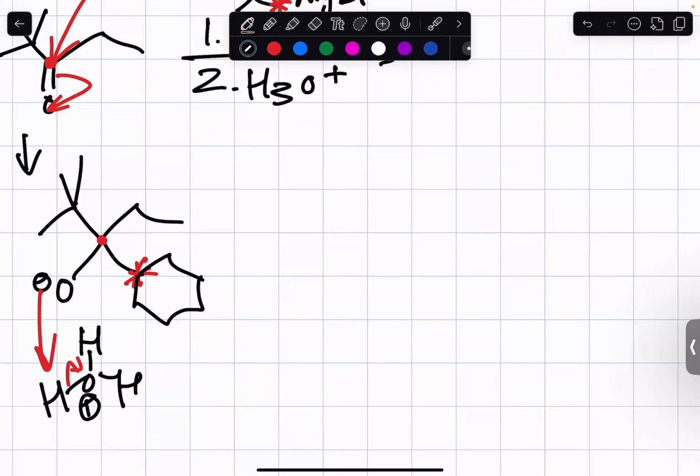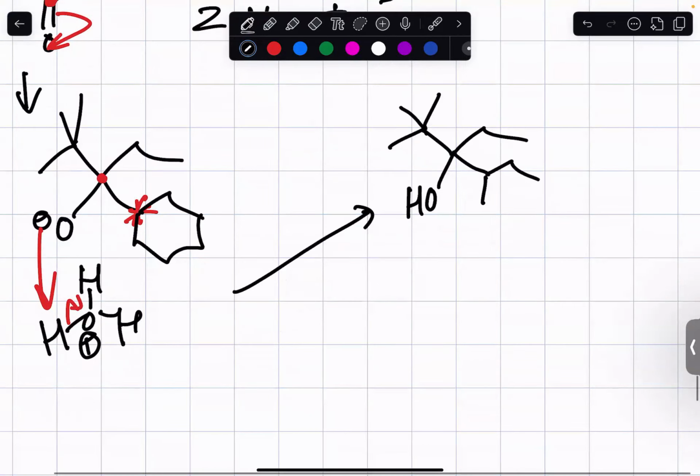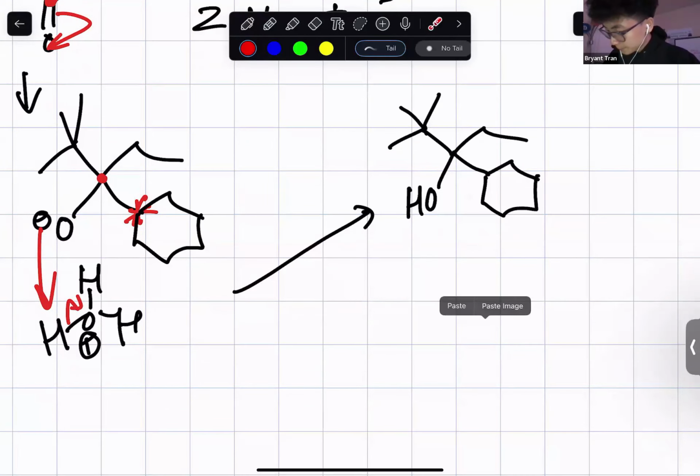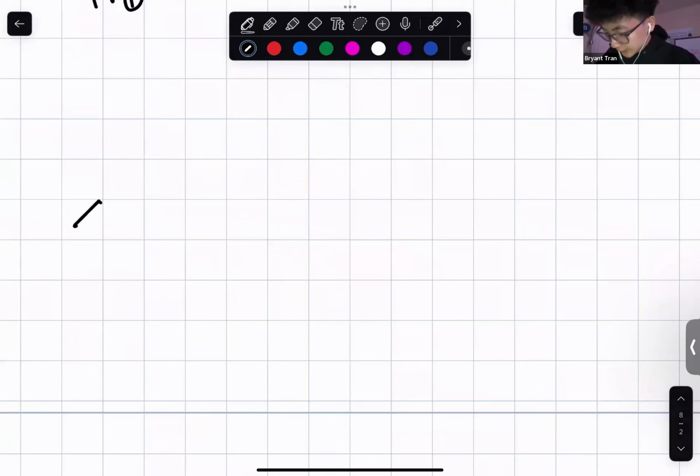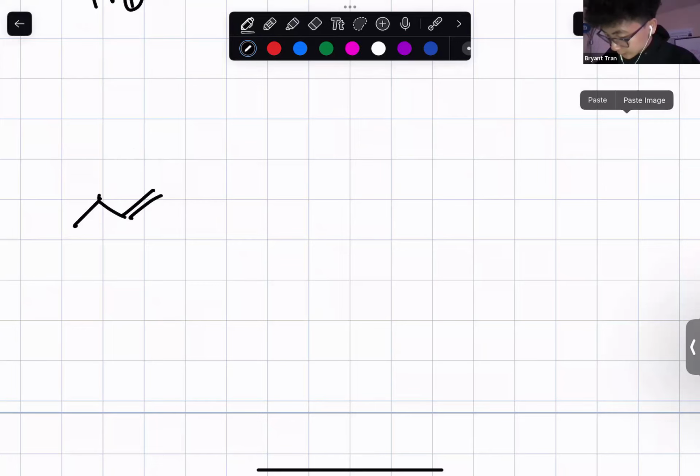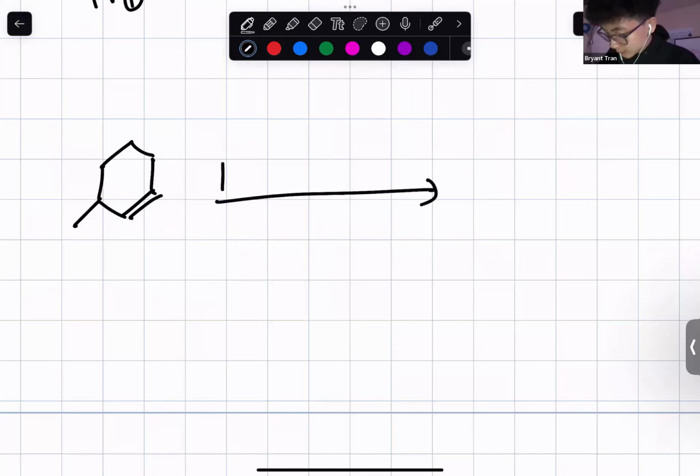Is there a reagent that would result in no reaction? Like if it wasn't H3O plus? If you were to have an alkene molecule and you try to react that alkene with an organometallic, this time let's use organolithium, then a second step H3O plus, this would be no reaction.